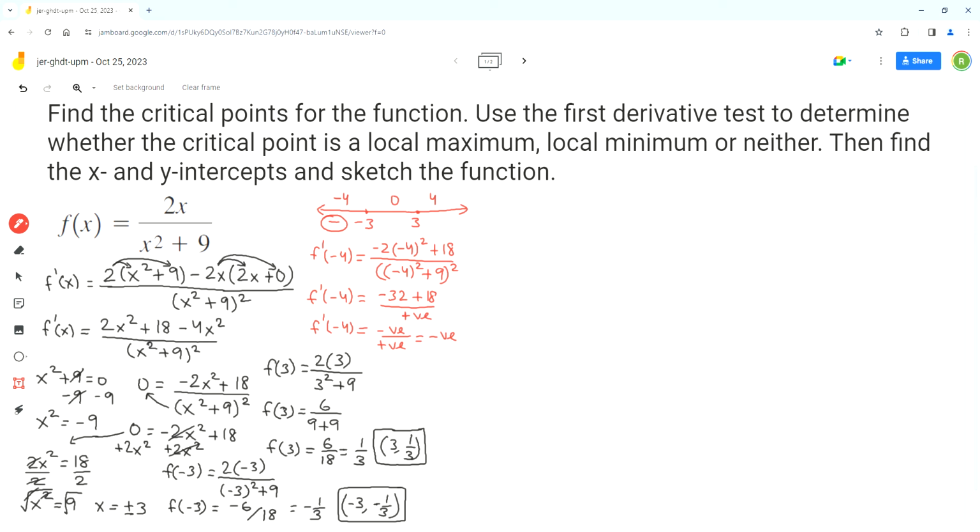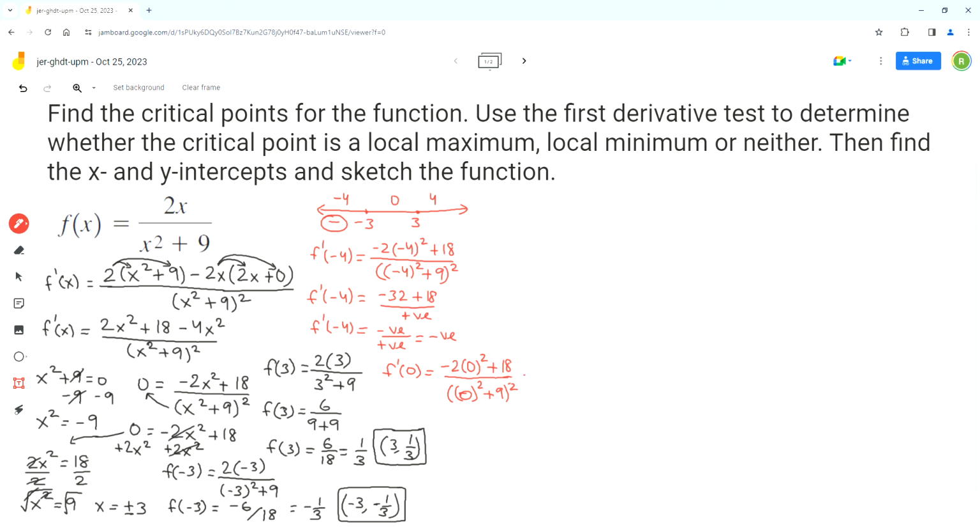Now we can do the test for x equals 0. So we'll sub in x as 0 in f prime of x. So f prime of 0 will be equal to negative 2 times 0 squared plus 18 over 0 squared plus 9, squared. Now in this expression, the numerator will be a positive number, because negative 2 times 0 squared will just be 0.